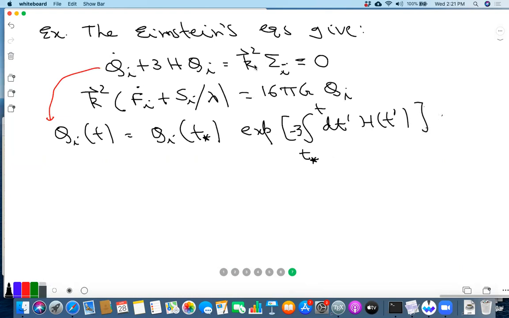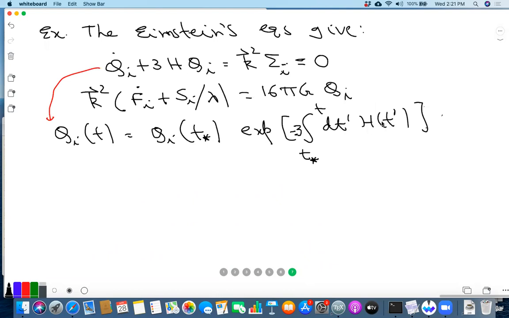This is a first order differential equation. There is a simple solution. H is a function of t, of course. Now Q_i of t star is 0, we had calculated the fluctuations and we didn't find any. But what this is saying is that even if Q_i of t star is non-zero, it is exponentially damped as long as you are in the cosmological constant dominated era, because H is constant.